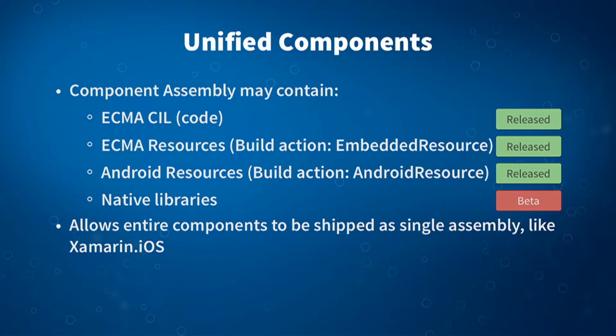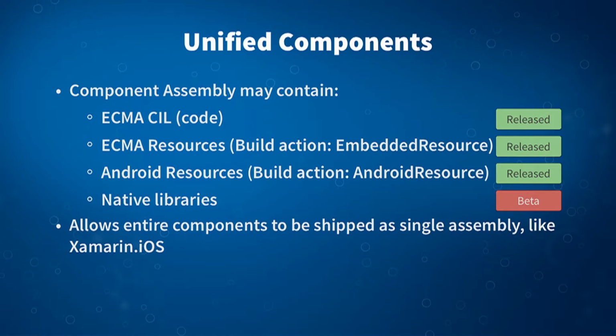Which brings us to unified components. So a component assembly, as you can find on the component store or as you can build yourself, is an assembly that can contain your normal CIL, your common intermediate language. It can contain your standard embedded resources. It can contain Android resources.